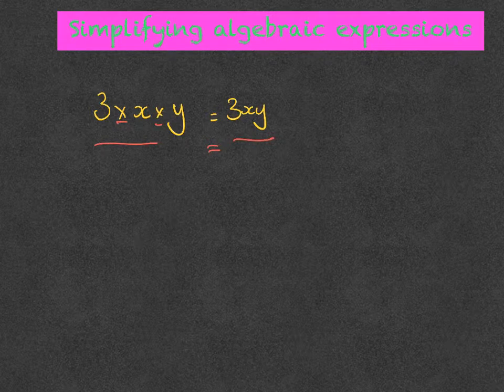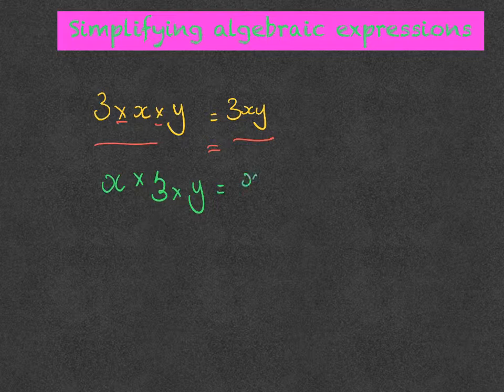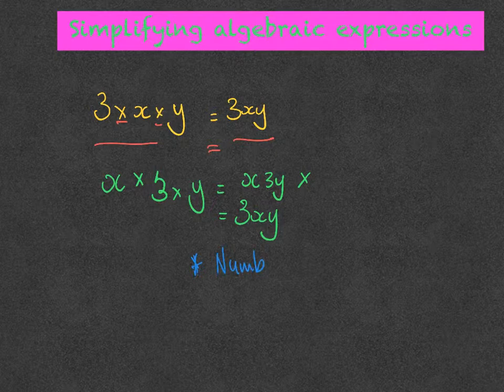Now let's try if we do x times 3 times y. You could actually write it like this, but convention says that we should actually write the number first. So it should always have the 3 first, then x, y. So we have the number written first. Let me write that down.